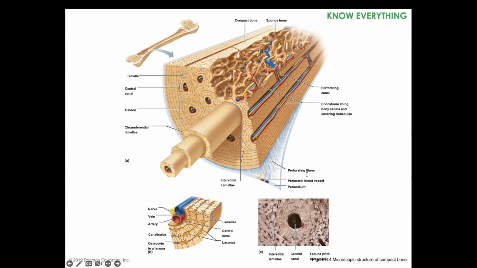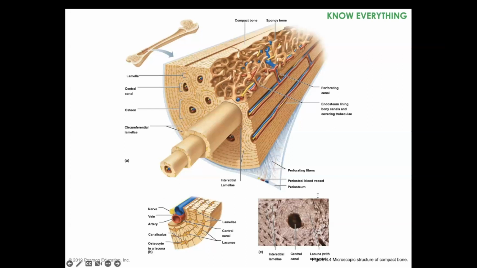And then the individual rings that surround the central canal are called lamellae. Once a group of osteons come together, more rings will form, and these are called the circumferential lamellae. Circumferential lamellae are responsible for grouping osteons together in the center of compact bone.